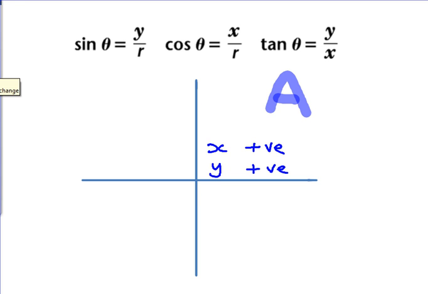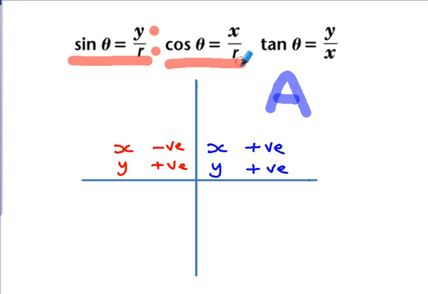Now, in the second quadrant, the x coordinates are all going to be negative, but the y coordinates will still be positive. So with this approach, we can go through the sine, cos and tan to see which ones of those will be positive or negative. So in this case, sine is y over r. Now y is still positive and r is still positive, so sine will still produce positive values.